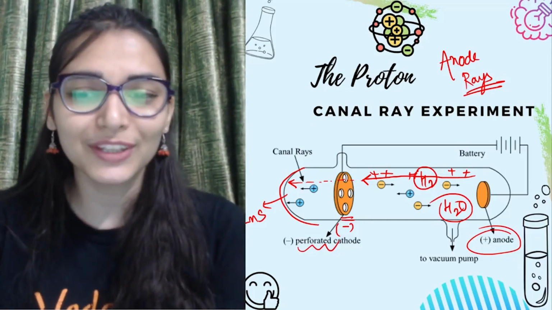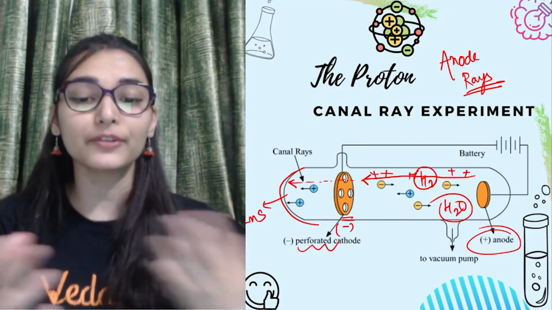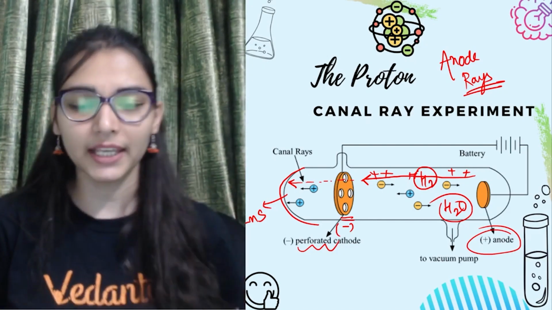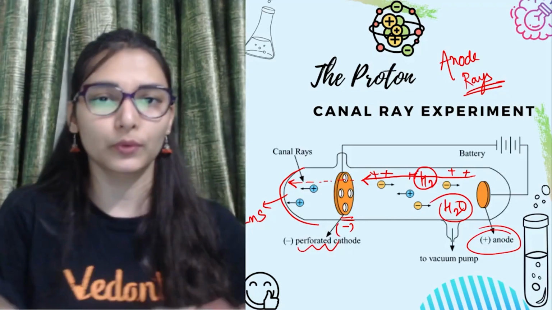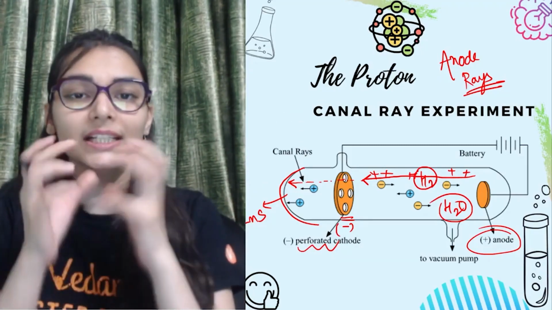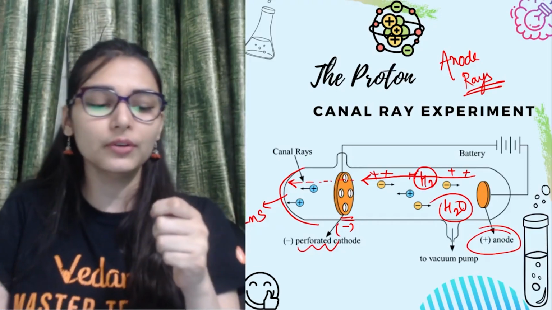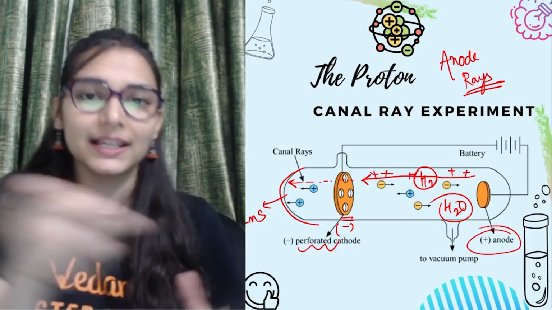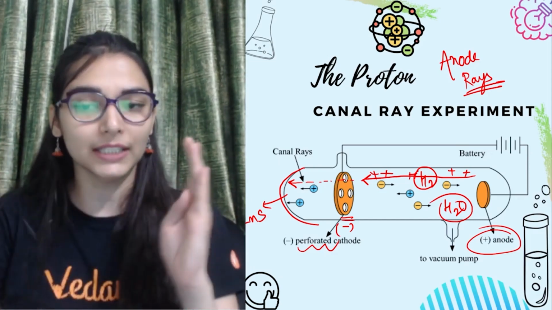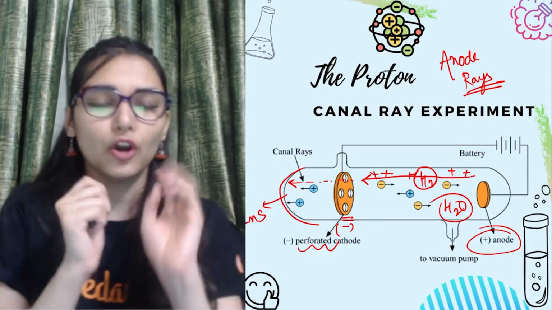Now that was something very interesting. Apart from that, positively charged particles are heavy, so they move slowly. Electrons had less mass, but positive particles are relatively heavier, so they are not able to move as rapidly. So we have taken a perforated cathode so they can pass through it easily.